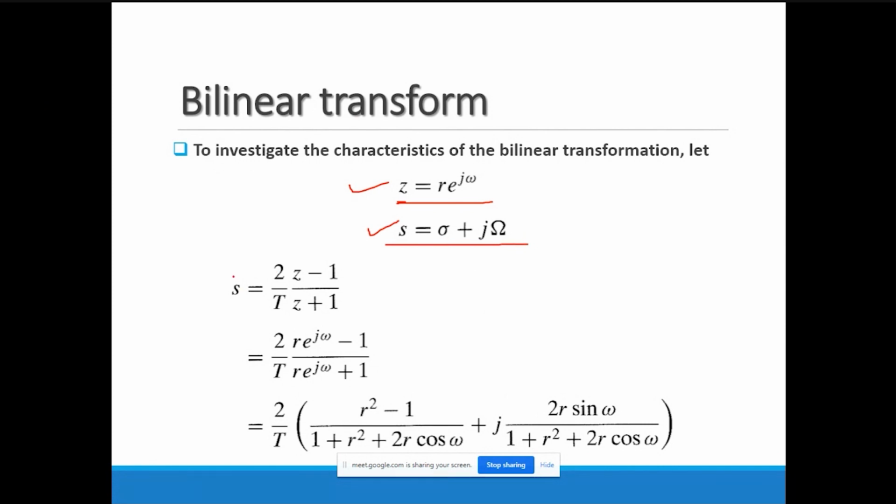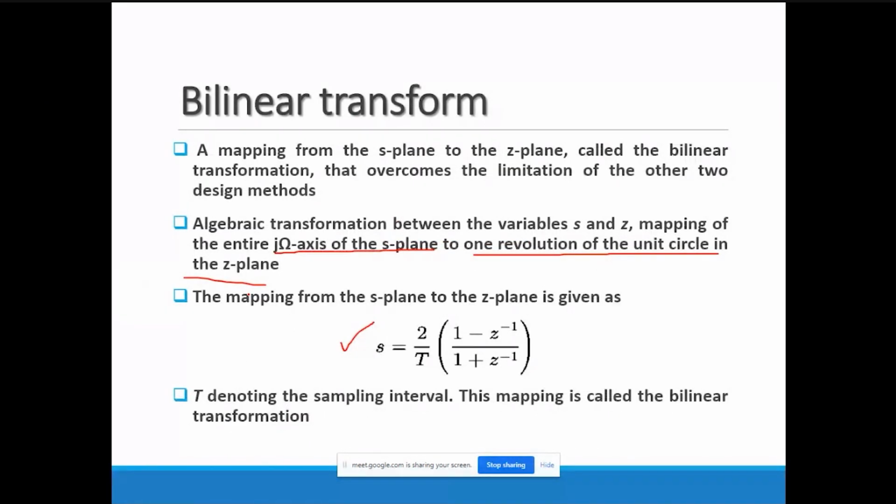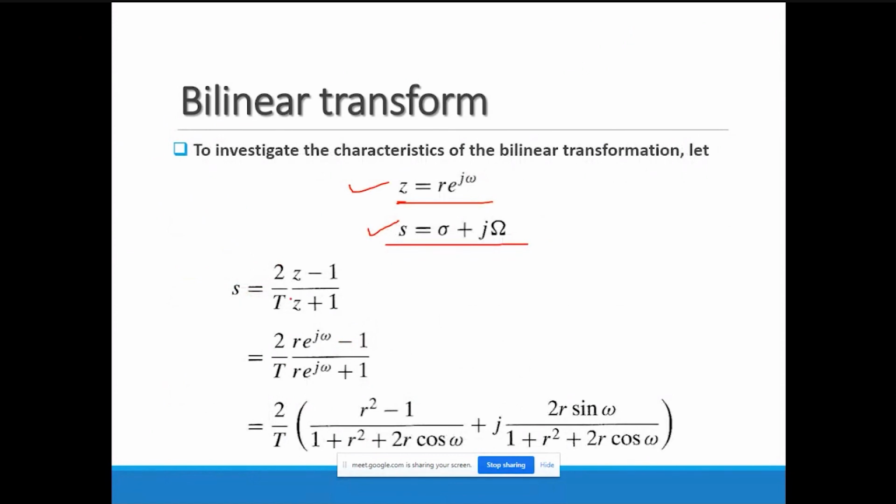Our equation is S is equal to 2 by T, 1 minus Z inverse divided by 1 plus Z inverse. If you write this equation in the form of Z, it will be S is equal to 2 by T, Z minus 1 upon Z plus 1. Now applying the value of Z, that is R e raised to j omega minus 1, and in the denominator R e raised to j omega plus 1.